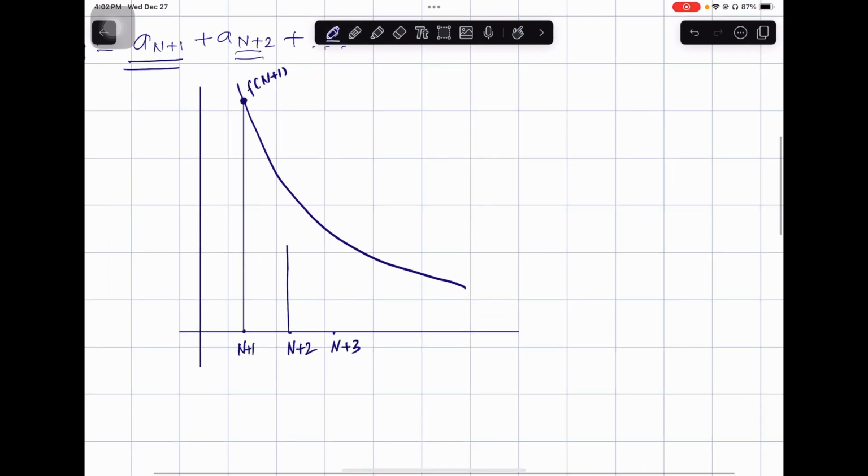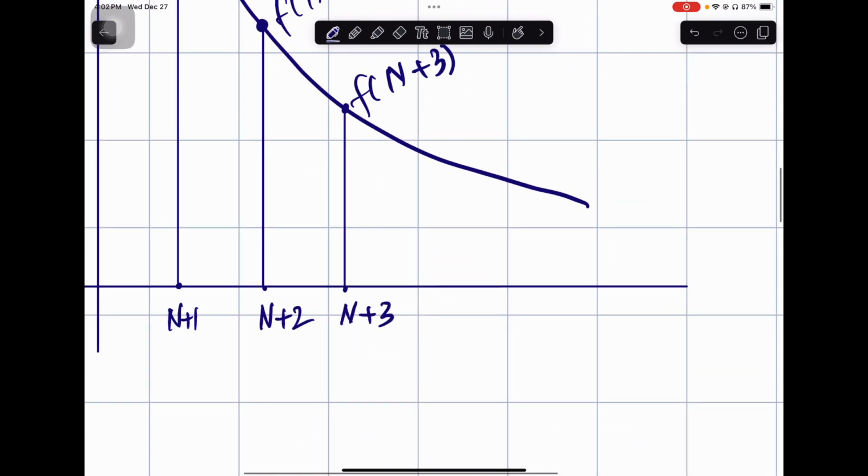And this, if you were to extend it, would be f(n+2). And this would be f(n+3). I don't know if you've noticed, but the distance between n+1 and n+2 is just 1 unit.